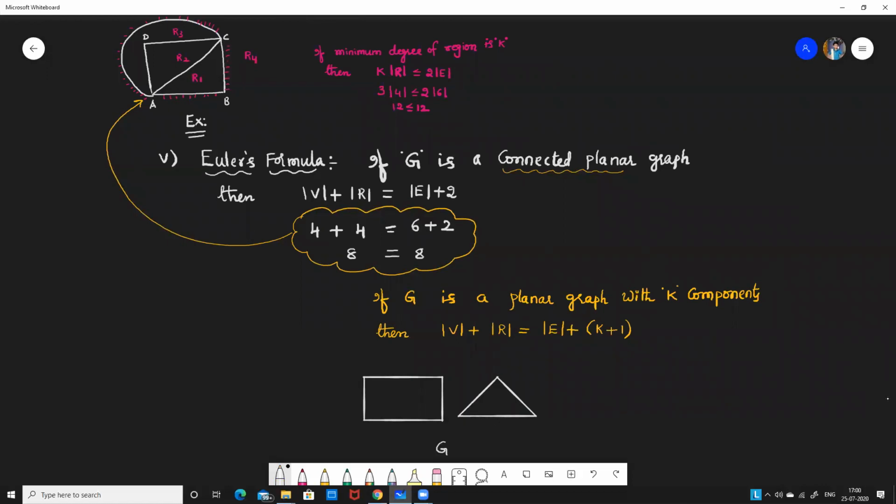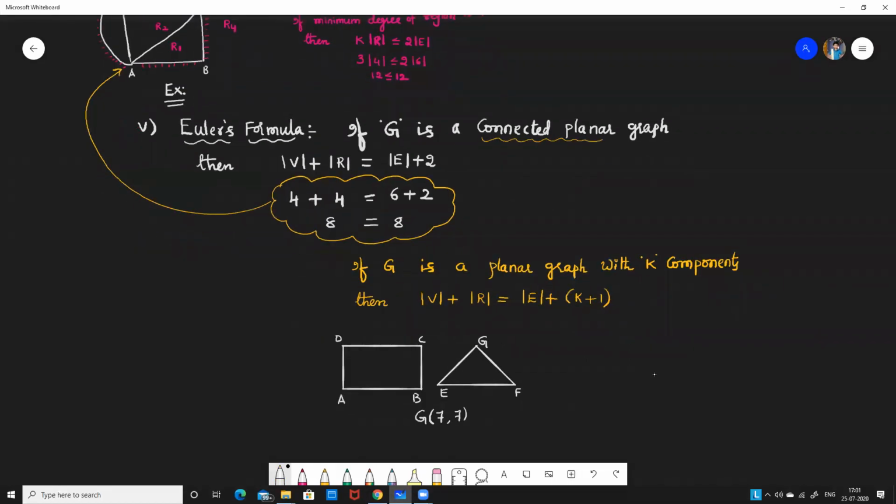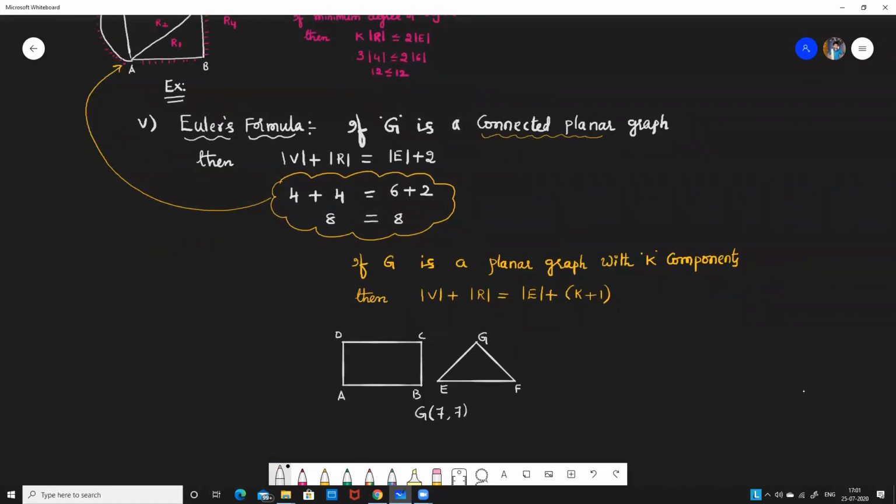This is a graph which is having exactly 7 vertices: A, B, C, D, then E, F, G. There are 7 vertices. How many edges are we having? 1, 2, 3, 4, 5, 6, 7. 7 edges are there. 7 vertices and 7 edges. This is called a planar graph with 2 components. Okay, 2 components are there.